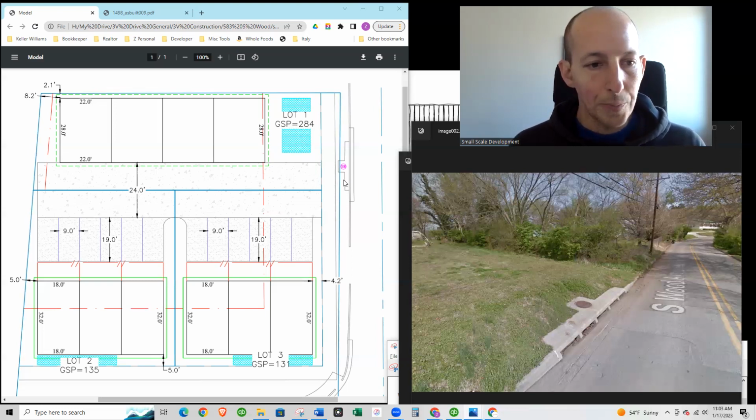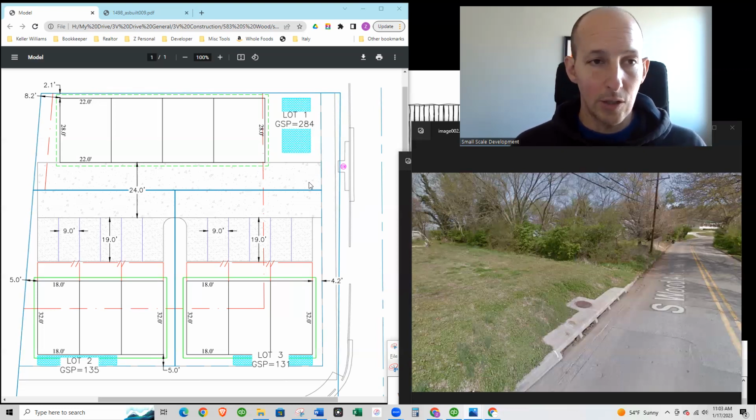bit of an issue. So I spoke with the surveying engineering company to see what they thought, and they said, well, we could maybe put the driveway here and put some grates over it, so that's how the water would get in.